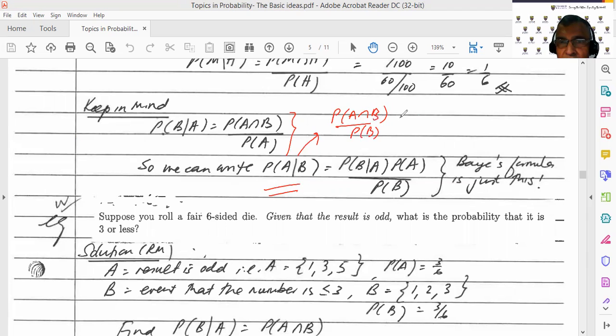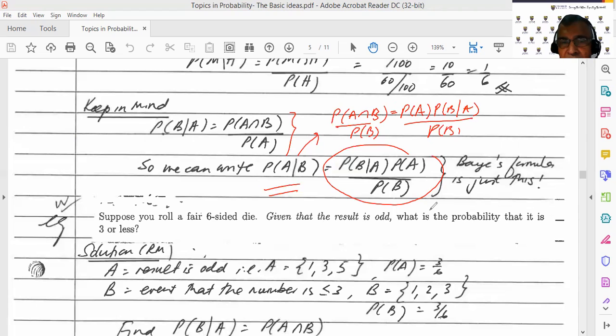So now A and B, I can write as A first. Now if A has already happened, then I need to multiply with B given that A has happened, over the probability of B. That's what you see here. This is basically Bayes' theorem, but I will talk about Bayes' theorem in a bit more detail later.